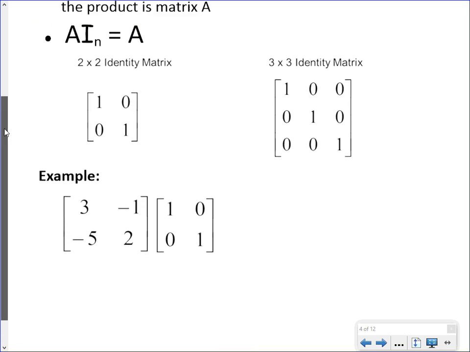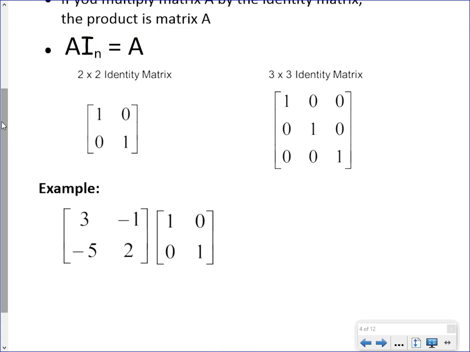So we'll do an example here just to illustrate this statement. If you multiply a matrix by the identity matrix, then you get the same matrix. So we'll take 3, negative 1, and negative 5, 2. We're going to multiply that by the identity matrix for a 2 by 2 matrix.